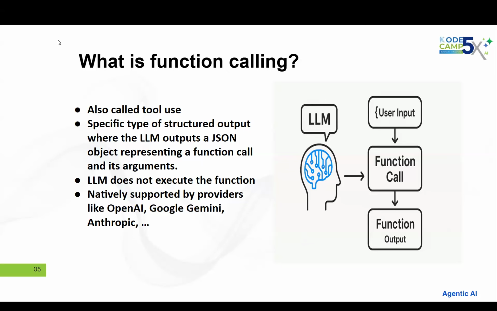The function calling essentially makes use of JSON, the JSON format. And like I mentioned earlier, the LLM does not execute the function itself. Its job is like the reasoning engine of the agent in an agentic workflow.